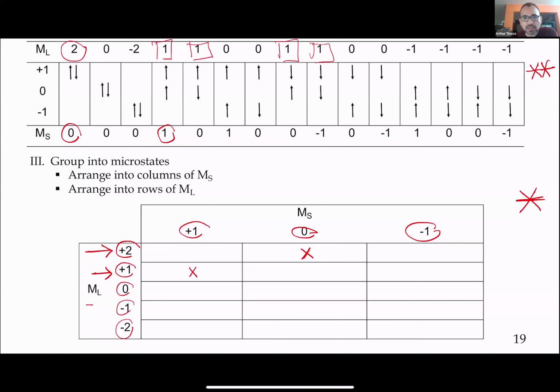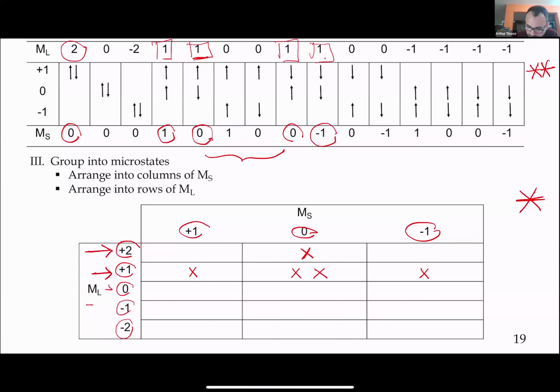Then I have m sub l of 1 and m sub s of 0, and I actually have it twice. So I mark that here and here. And then I have an m sub l of 1 and an m sub s of -1, so I mark that here. And that's it. We're done with that.